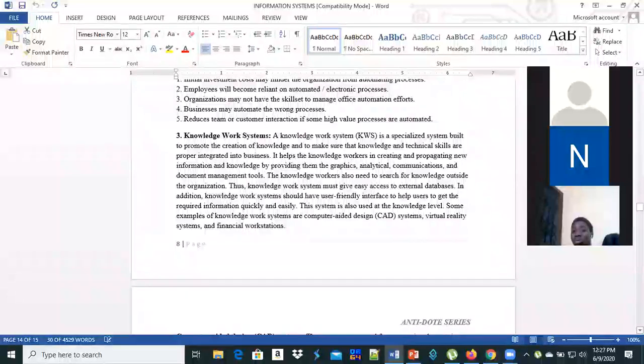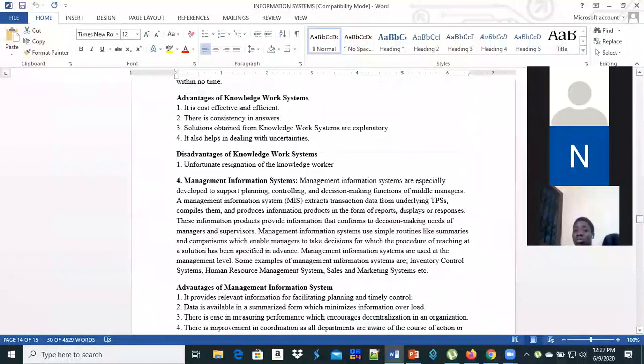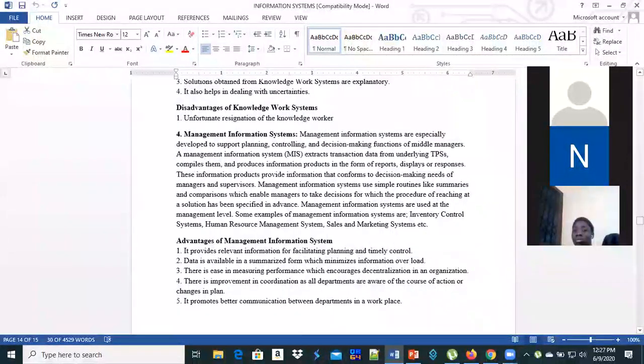Okay, so moving from knowledge work system, we'll then quickly go to management information systems. The name of this system alone should let you know what it does, and it is very, very crucial in any organization that you have a good management information system.